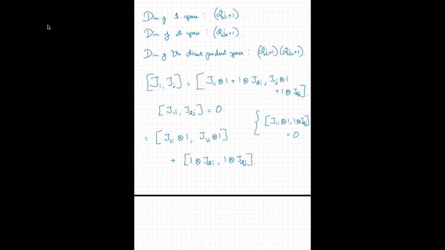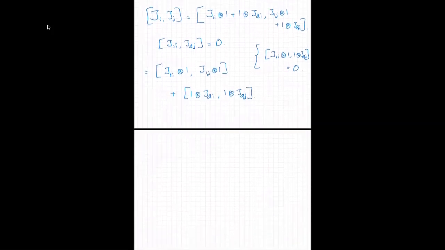All right, so to evaluate this commutator, we note that since this is a direct product of a matrix A times 1 plus matrix B times 1, I can as well write the first commutator as [J1I, J1J] direct product 1, and the second commutator as 1 direct product [J2I, J2J].